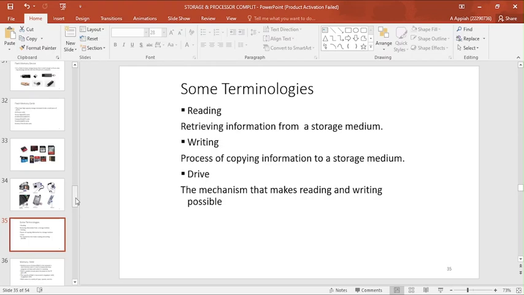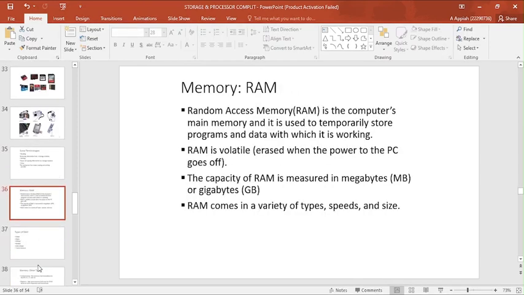That is the process of copying information or data onto a storage medium, or transferring data onto a storage medium. Then the drive is the mechanism that makes reading and writing possible. So we use the drive to write onto a medium, or we use a drive to read from a storage medium. Let's keep this difference in mind.